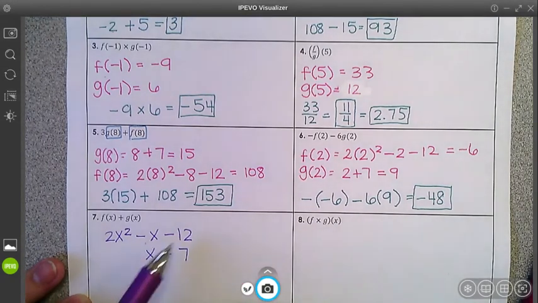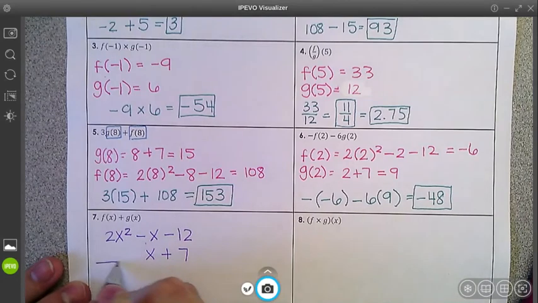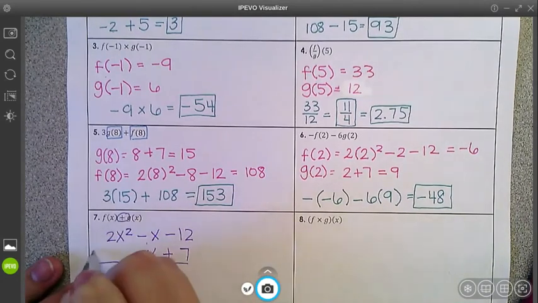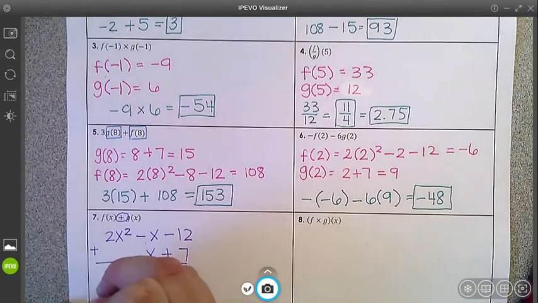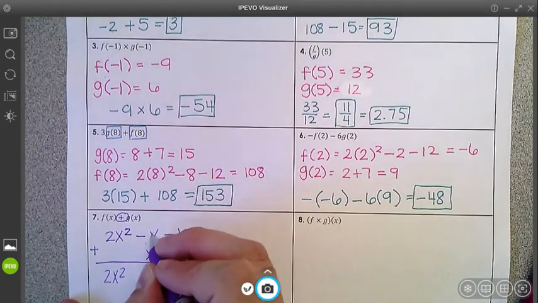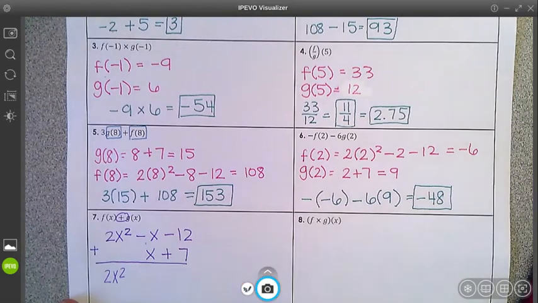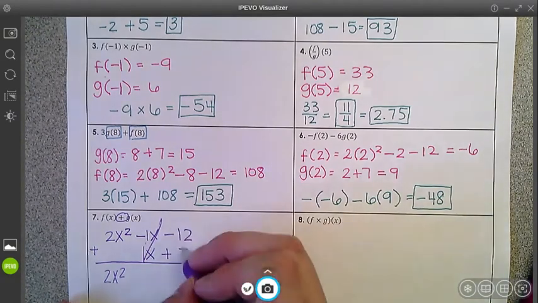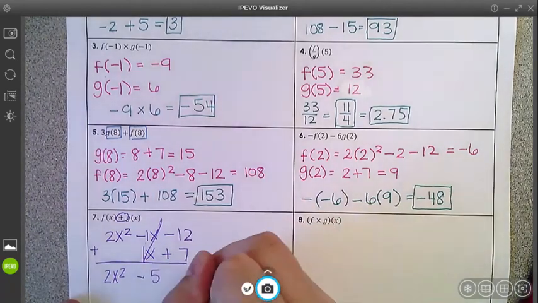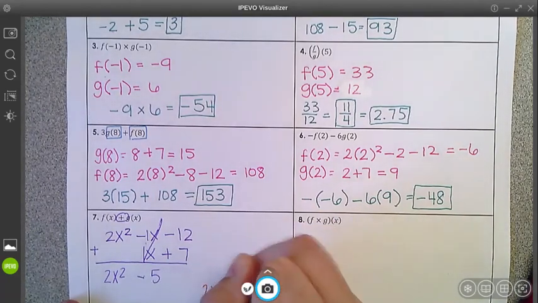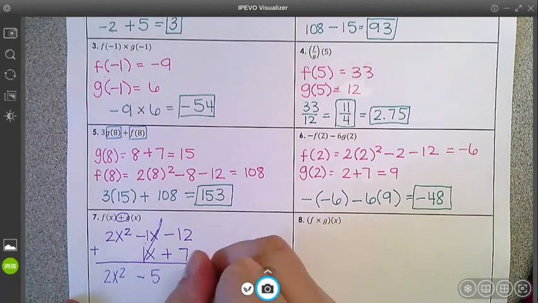Notice how I lined up my like terms, and we're going to add them. So I'm just combining like terms. Negative x plus x is 0. Negative 1 plus 1 is 0. So those cancel. And then negative 12 and 7 is negative 5. So my answer is 2x squared minus 5.